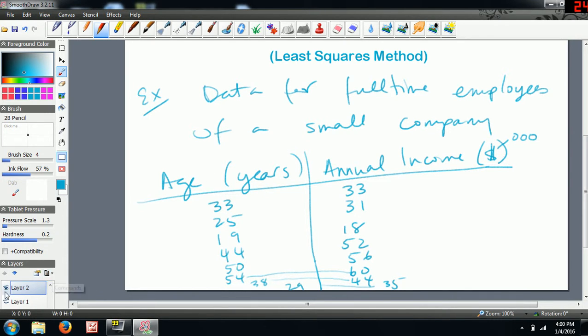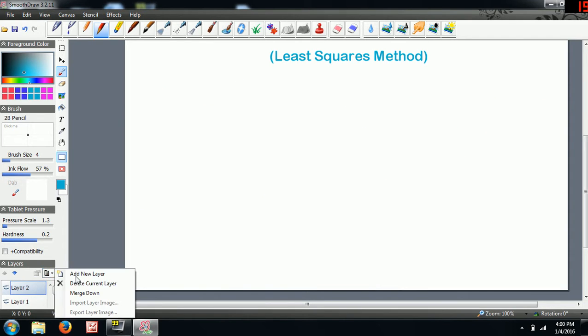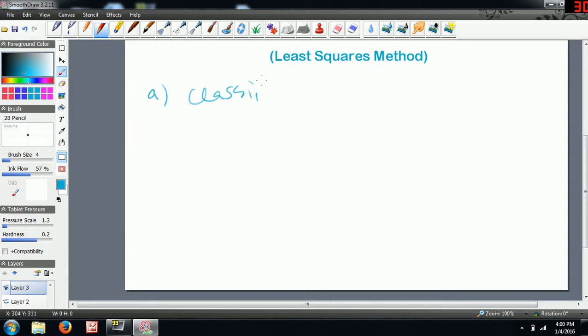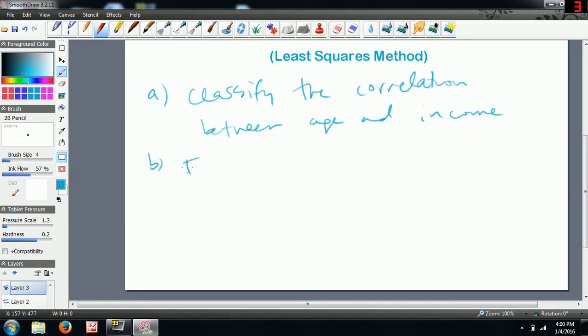So say the first part was to classify the correlation between age and income, and then part B of the question could be to find the equation of best fit, and that's where we would use the least squares method and those formulas I showed you earlier.